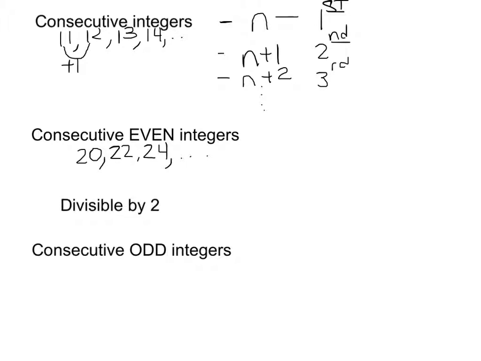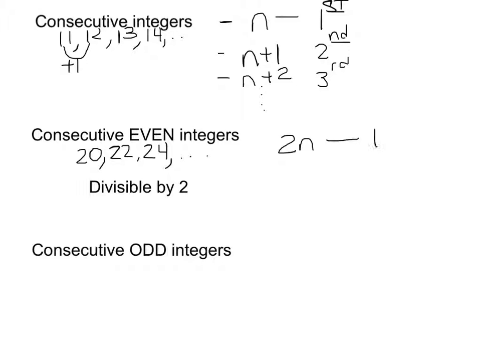So every even number has to be divisible by 2. That means I'm going to have to write this using the number 2 in some way. So in the case of the even integers, we're actually going to start out by using 2n. And this guarantees that that is an even integer. So my first term is going to be 2n.